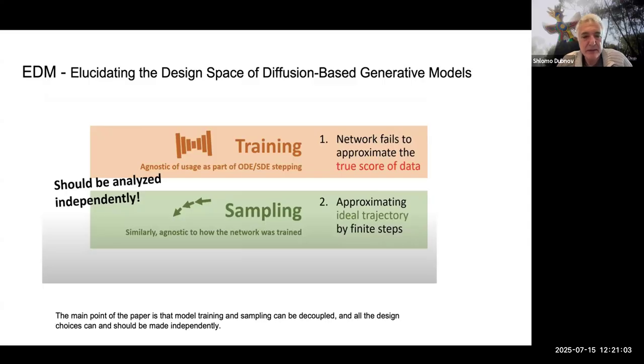You can treat them separately. You might consider specific regimes for the noise in terms of the sampling, going back, and also adding noise when you go forward in the training. And it explores a lot of design choices.